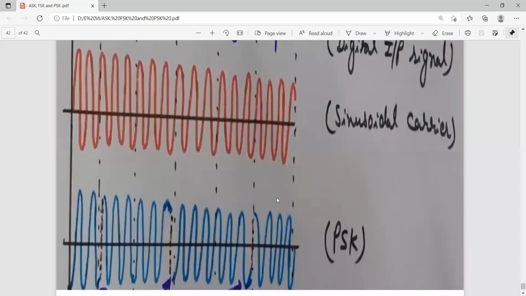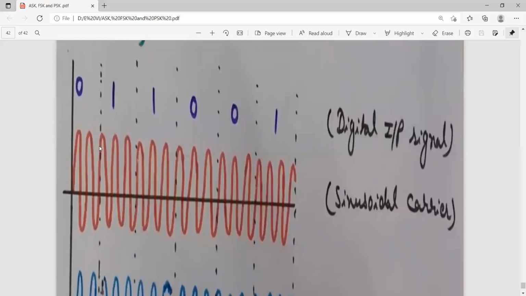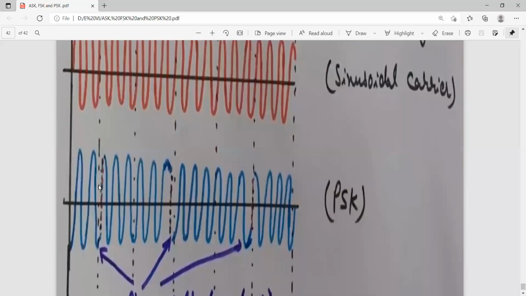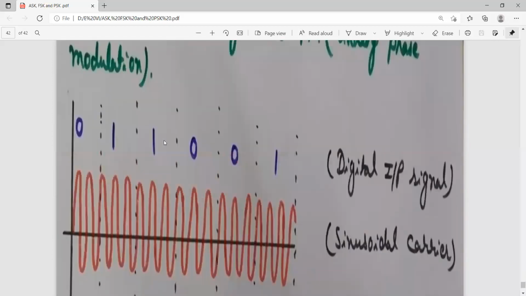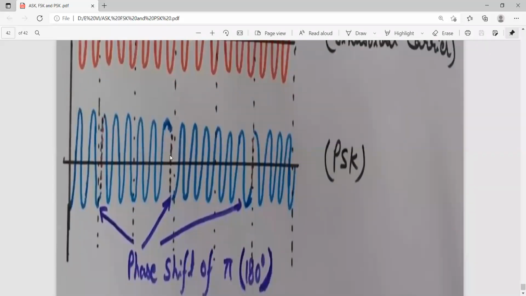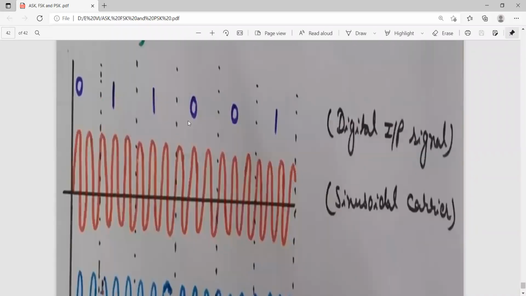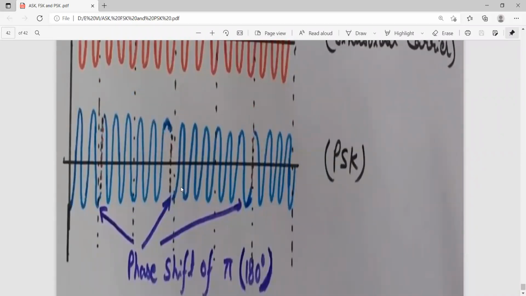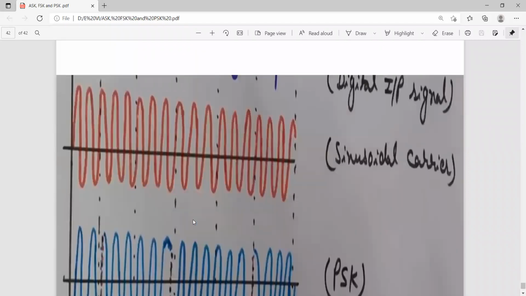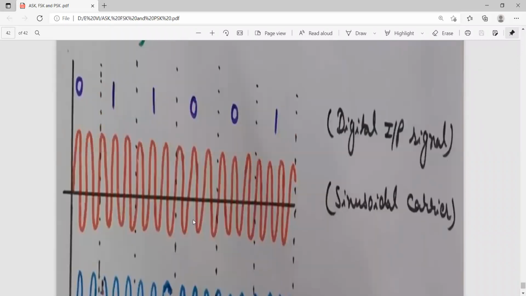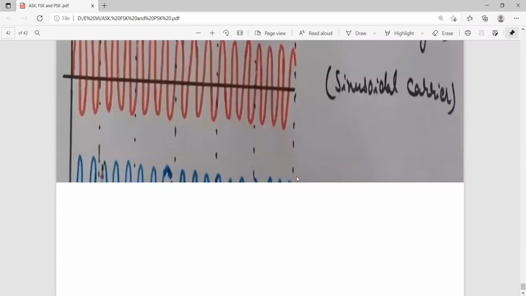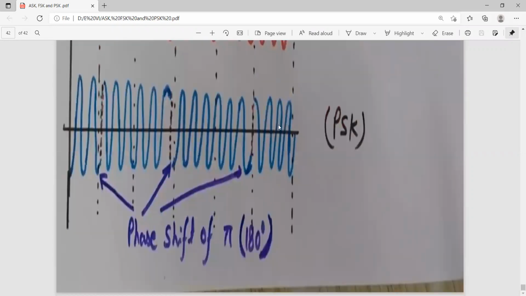So in this slide you can see, up to this is 0, but 0 to 1 there is a phase change, and the phase will start from there. Again, for 1, 1 there is no need of any phase change, but here again 1 to 0 there is a change of phase. So a phase shift of 180 degrees is required. When there is a change from 1 to 0 or 0 to 1, there is a need of 180 degrees phase change. So this is a phase shift keying waveform.